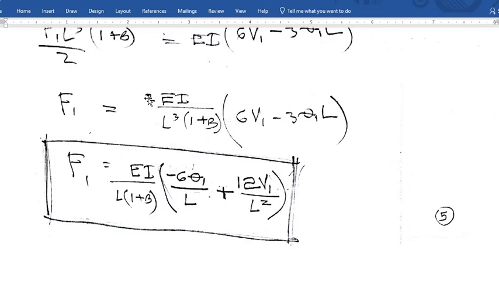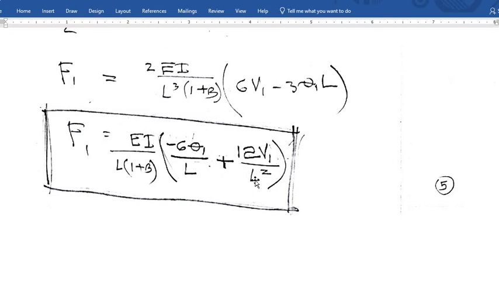So, yung 2, i-distribute natin yan dito sa loob, pati na rin yung L cube. So, this 6V1 now becomes 12V1 all over L squared. Okay? Bakit naging L squared yan? Kasi, yung dito sa constant, nag-iwan tayo dun ng L. Okay?